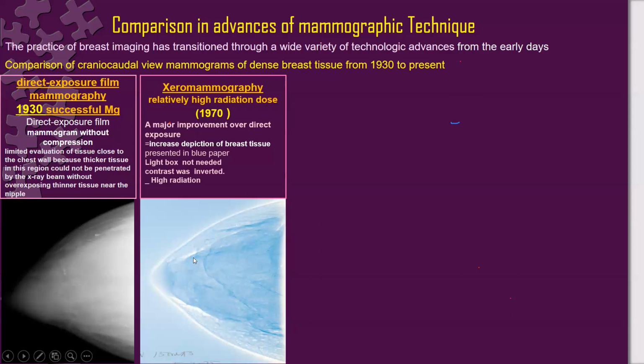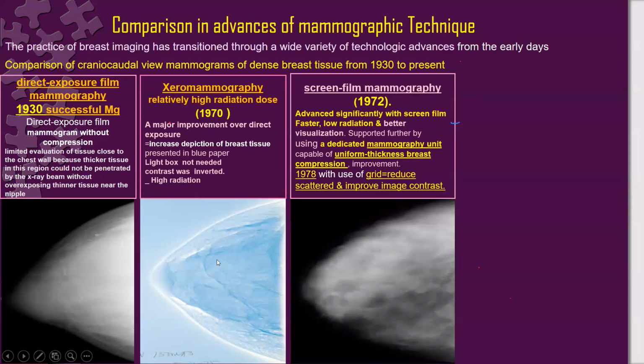on a blue paper, no need for a light box, and the image was inverted. But two years later they introduced screen film mammography, which was a significantly advanced evolution at that time.